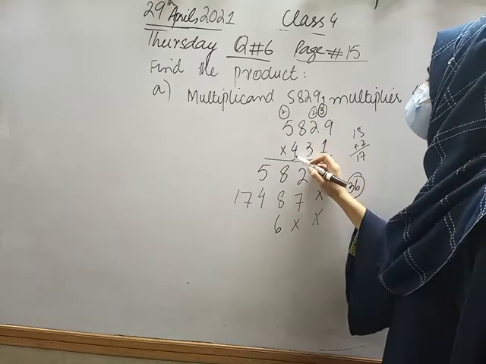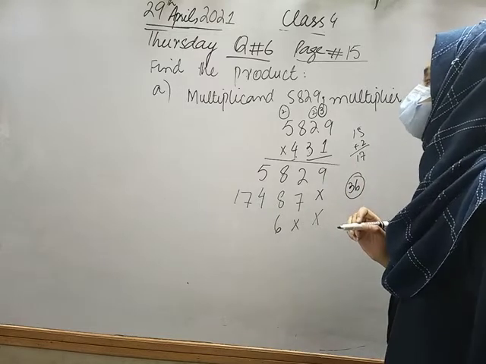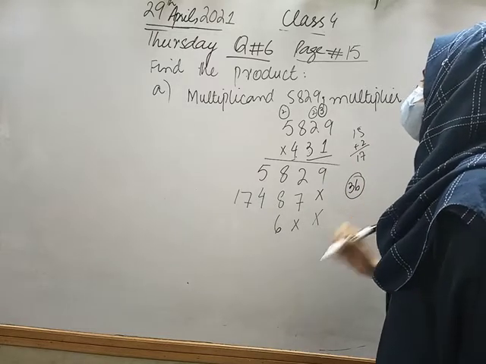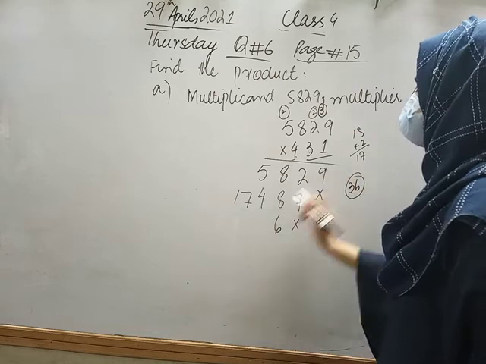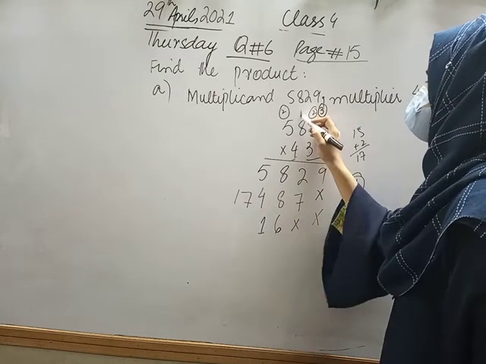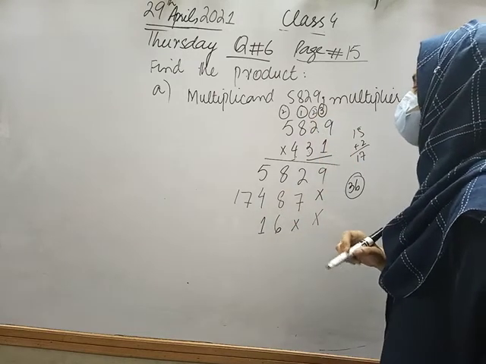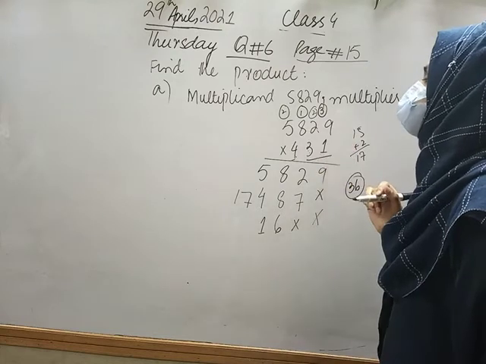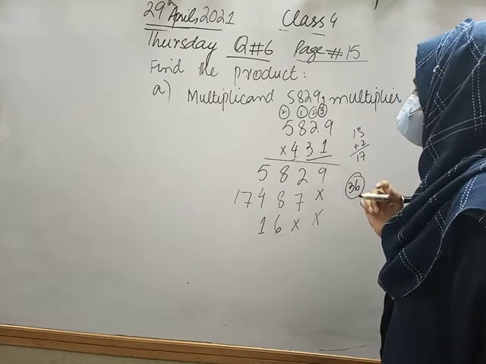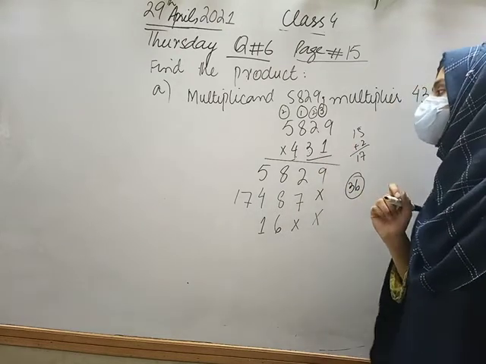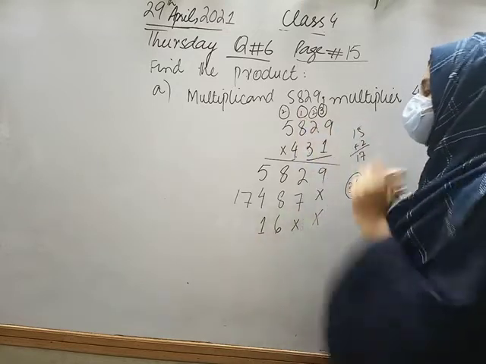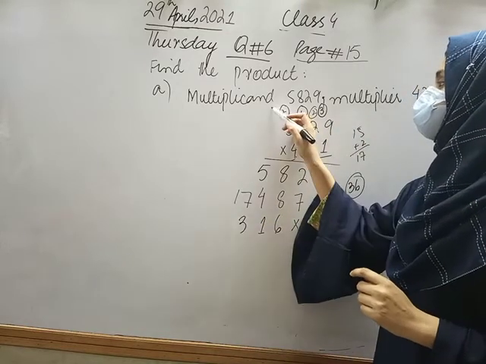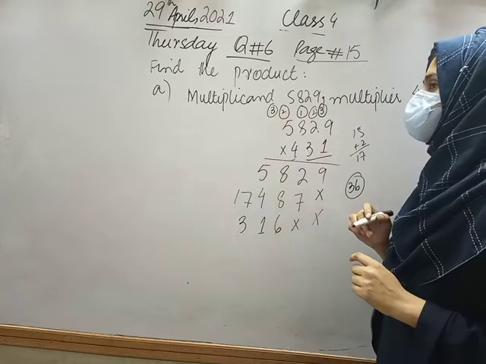Fine. Now 4 2's are 8. Now add 3 to 8, so we get 11. Fine. 4 8's are 32. Now add 1 to it, so we get 33. 3 as a carry.